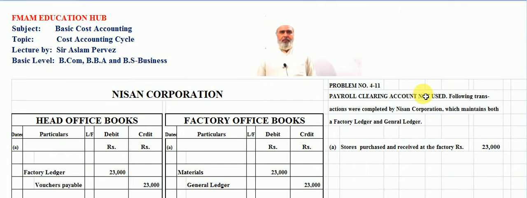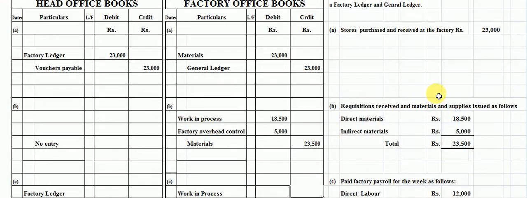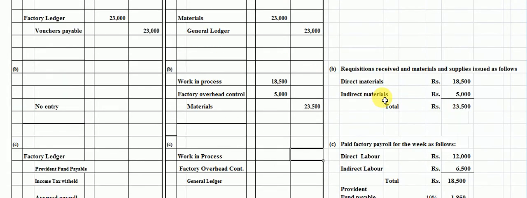In the above problem, it is saying that payroll clearing accounts are not used. Then this is the method to record the payroll in the head office book and factory office book here.